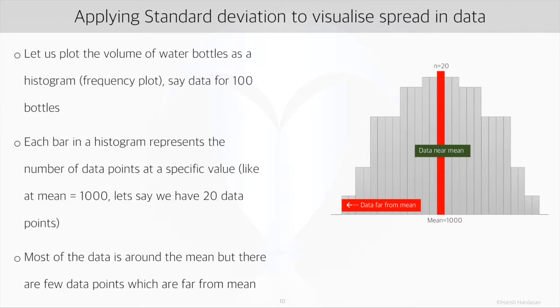But then we also see that on either side there is a tail in this histogram. On the left side, it means that the filling process is underfilling few bottles. On the right side, it means the filling process is overfilling few bottles, which definitely is not so good news.